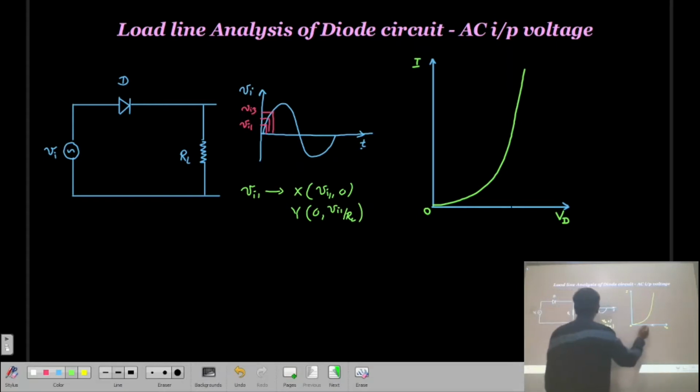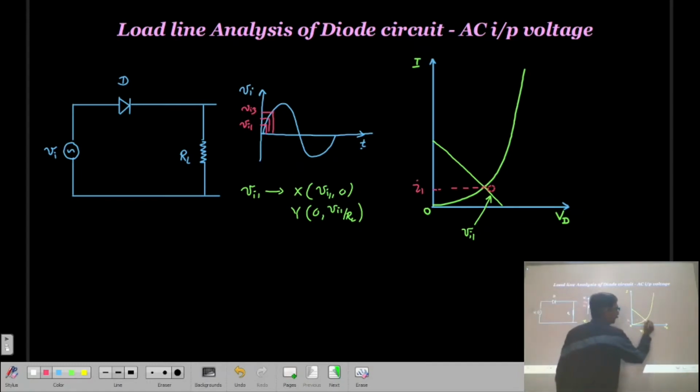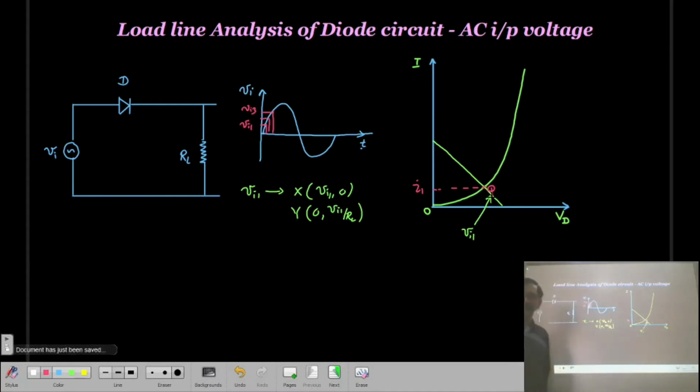And you can draw this line like this. So this is the line for Vi1. And what will be the current? The current you can find out from this, so that is the current I1, because this is my operating point Q.